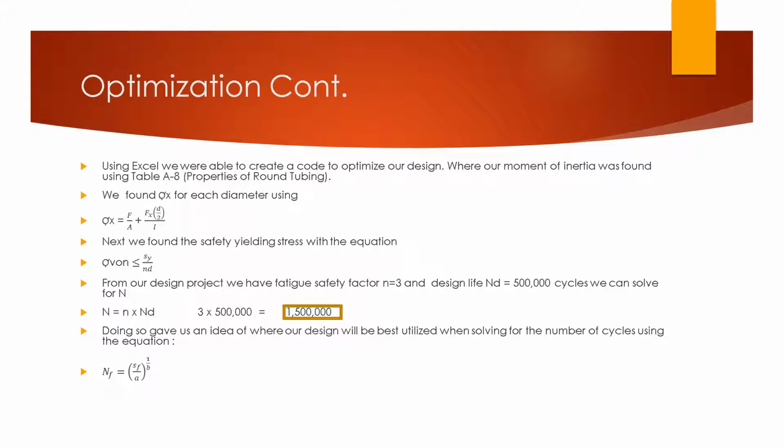We can solve for N, which is 3 times 500,000, which equaled 1,500,000. Doing so gave us an idea of where our design will be best utilized when solving for the number of cycles using the equation mentioned above, NF equals SF over A to the power of 1 over B.